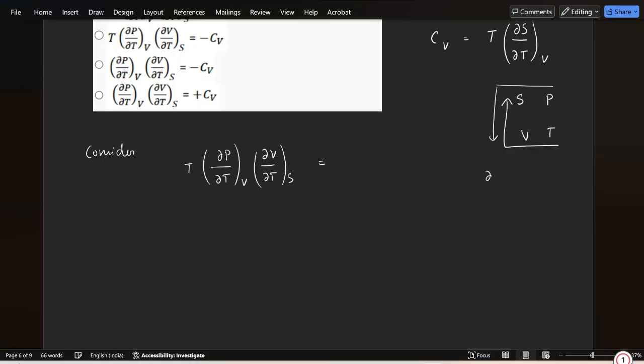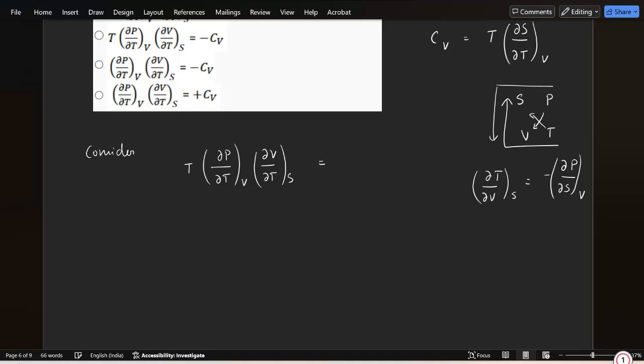So it's going to be del T by del V at constant S, and it's going to be minus because this is going up, that's coming down. It's going to be minus del P by del S at constant volume.